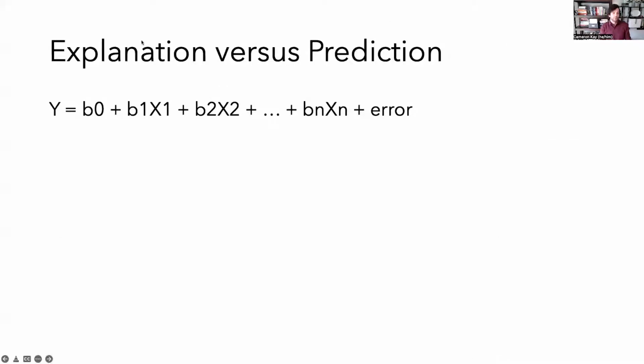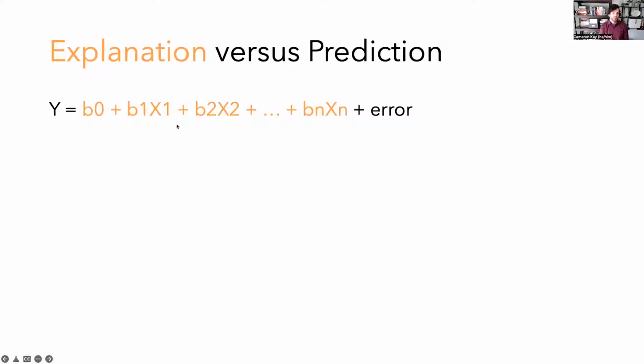Okay, so the first big thing to talk about with machine learning is what the goal of running these machine learning models is. We can think of this distinction between explanation and prediction. Most of the stuff we've done thus far in 613, 612, 611 is focused on explanation. We are focused on these predictors, and we want to understand how these predictors relate to some outcome variable.